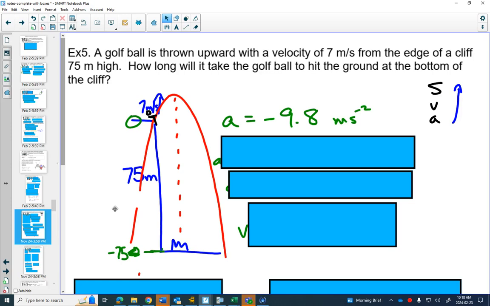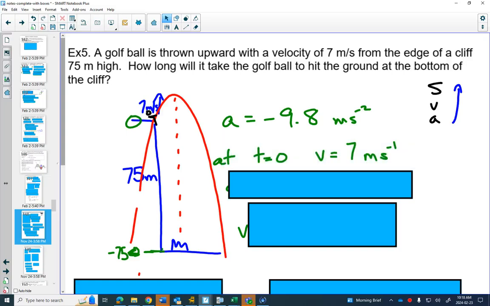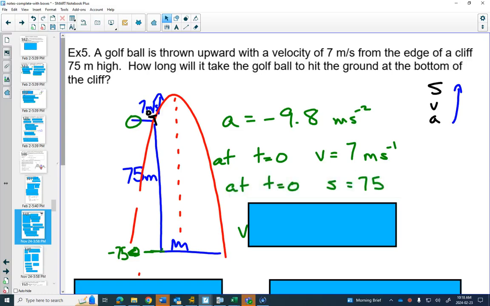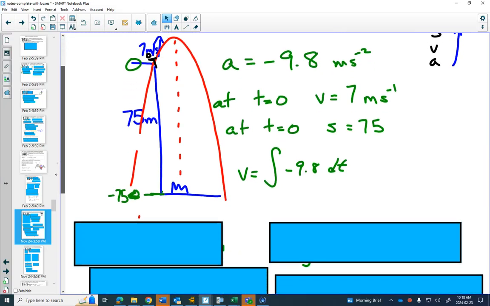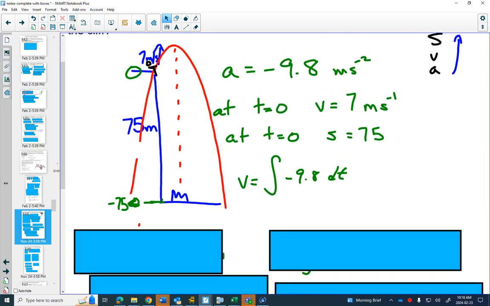If I know my acceleration is negative 9.8, well then, and here are given conditions. We know our initial velocity. We know our initial displacement. So our velocity is just going to be the integral of our acceleration. And since it's a nice constant, that is a really easy integral to figure out.